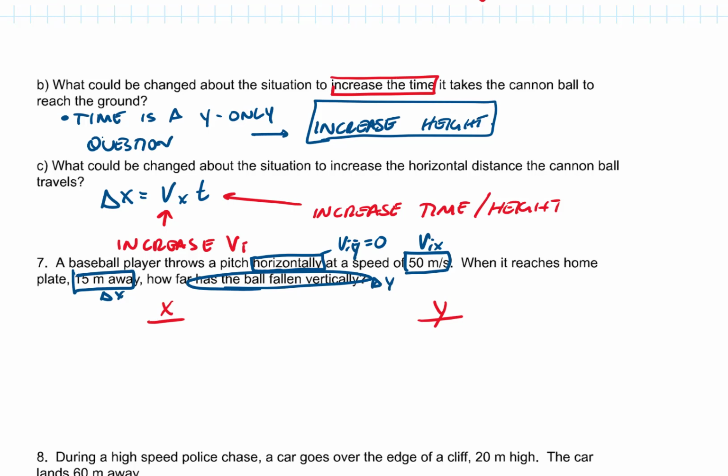We're going to look at the x direction. We know that the acceleration in the x direction is 0 because gravity pulls down. We know that our delta x is 15 meters away, and that the velocity in the x direction is 50 meters per second.